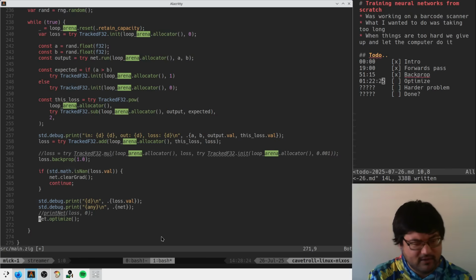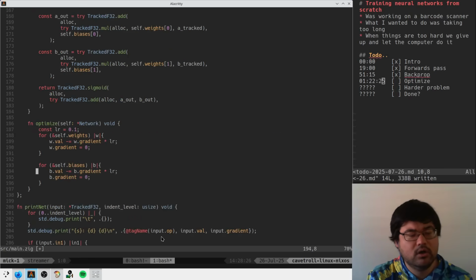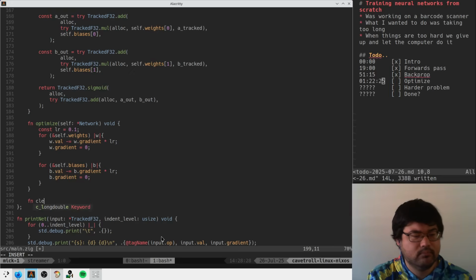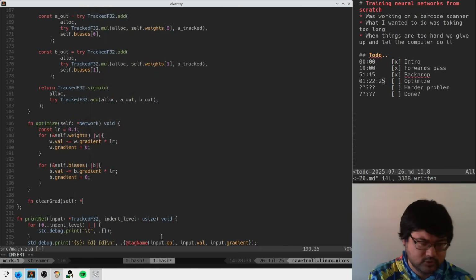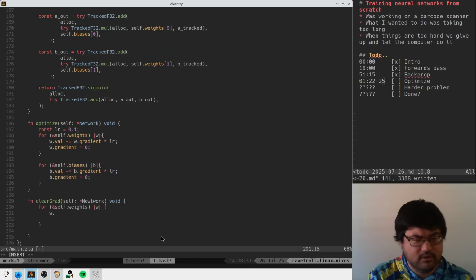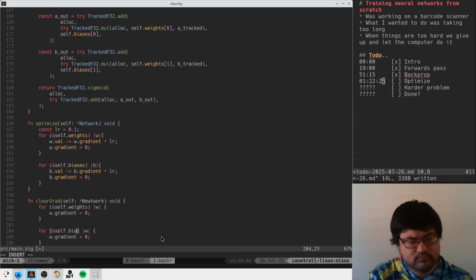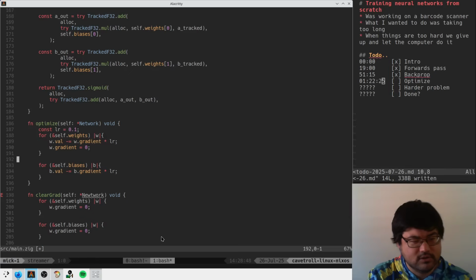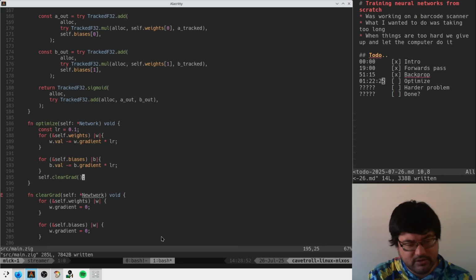We're kind of missing that. For self weights w, gradient equals 0 and biases, boom. It's fine. And then here we do self clear grad. Maybe this should be kind of an external thing, but whatever.